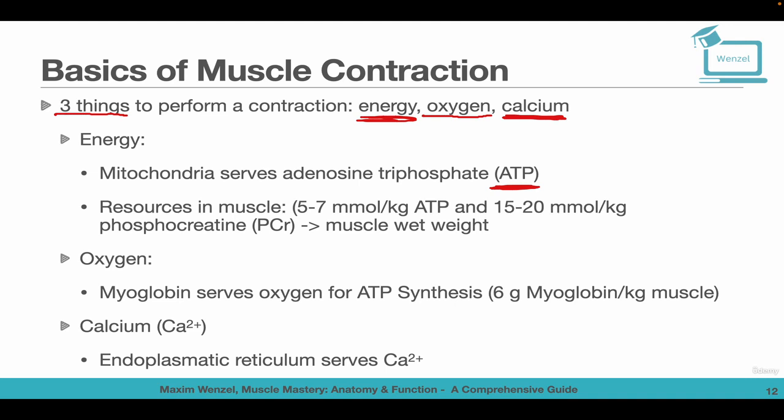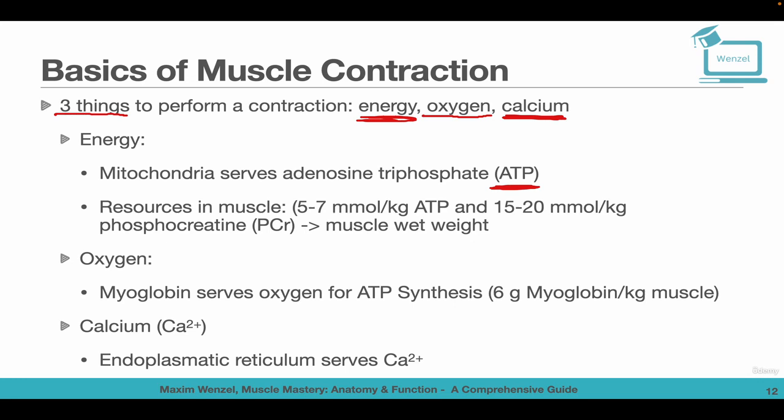This is our molecule to generate energy, and you have resources of this ATP in your muscle. For now, we will talk about muscle wet weight. Wet weight means 1 kilogram of muscle has muscle and also the water inside of the muscle. So muscle wet weight is muscle and water, 1 kilogram.